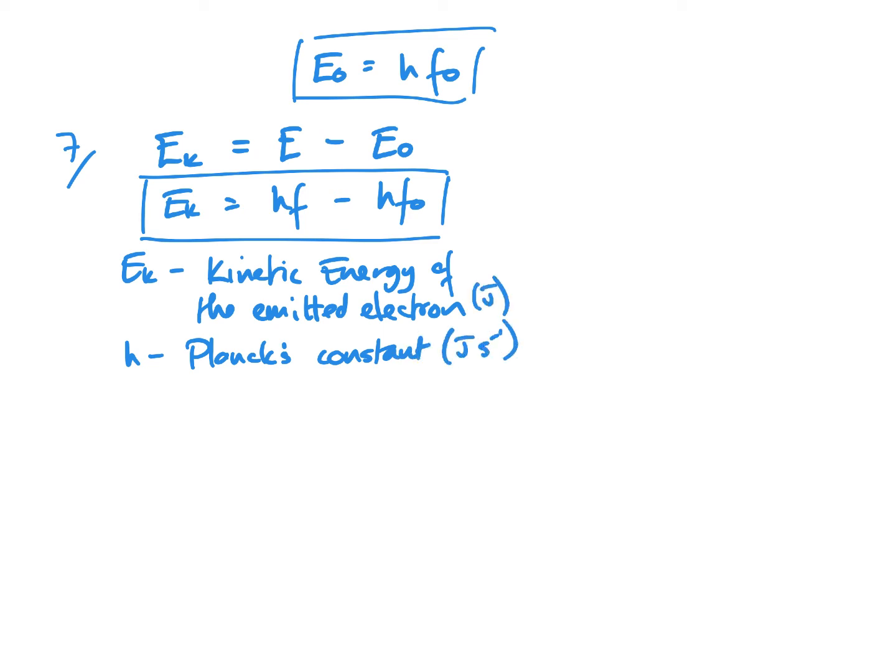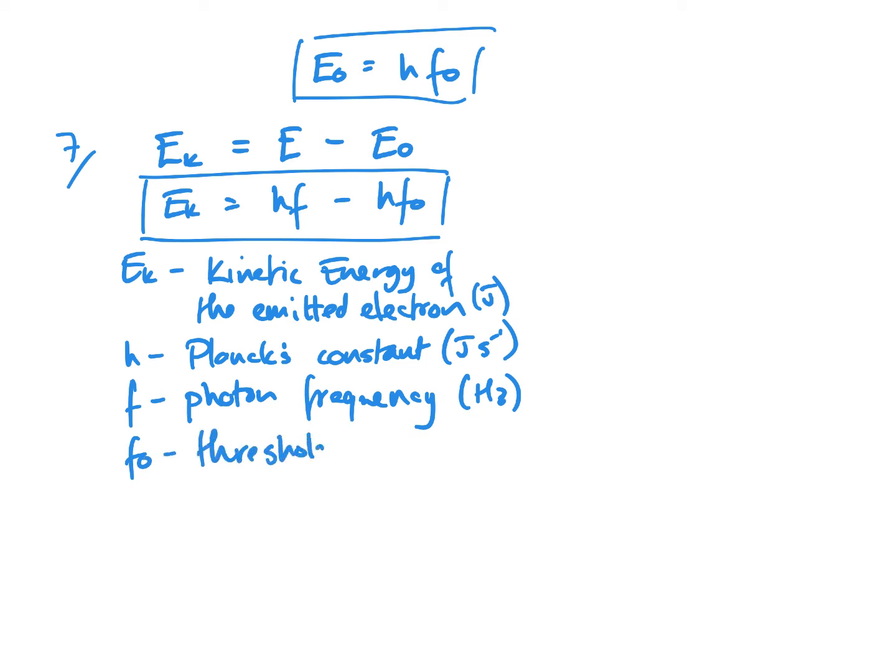So I should put up there, that's in joules. F is the photon frequency, so the photon that you're firing in, and F naught is a threshold frequency. And remember, that's a property of the metal that you're dealing with.